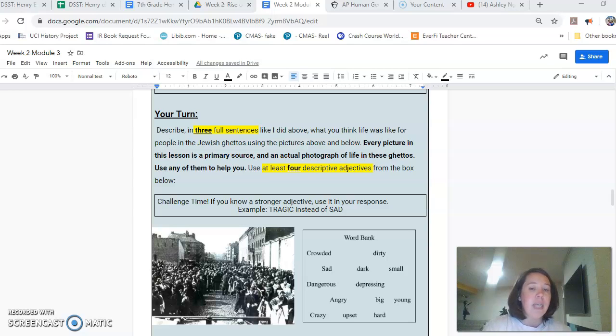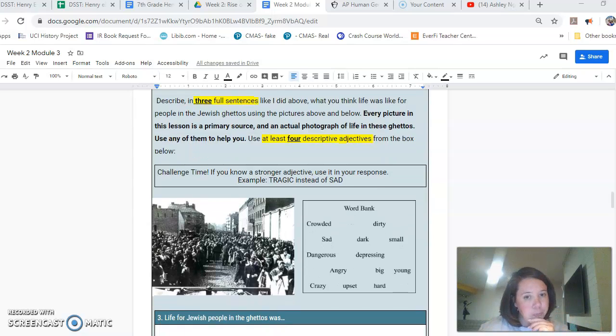Use any of them to help you. Use at least 4 descriptive adjectives from the box below. And if you're up for a challenge, if you know a stronger adjective, use that in your response. You can use tragic instead of sad. You can use elated instead of happy, though I doubt you will find anything to be elated about in these images.